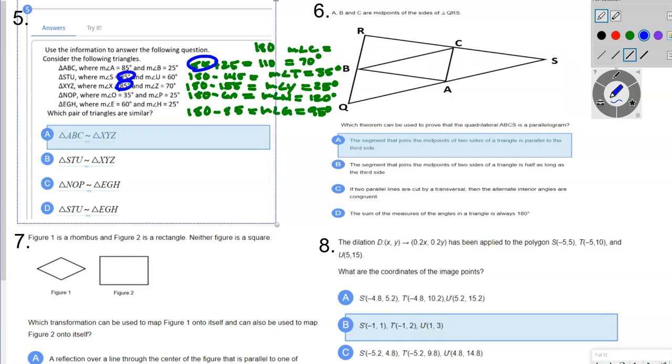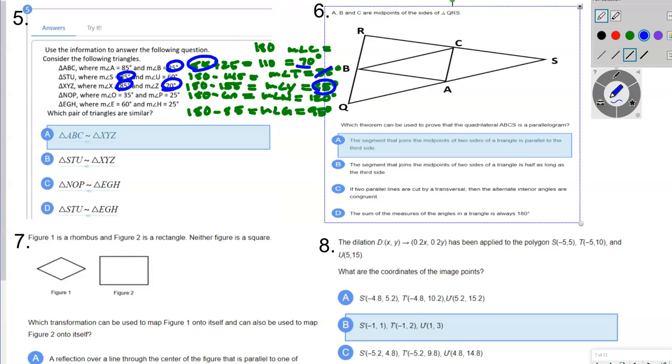So now we're looking for another one that has a 25, right? That one's 35. 85, 70, 25, there's another 25, so we got 25 and 25, 85, 25. And what's our third angle? 70, right? So there's our other 70-degree angle right there, 70 and 70. So that's why it's ABC and XYZ.